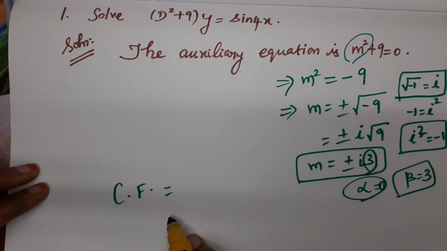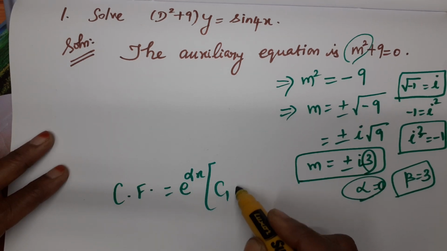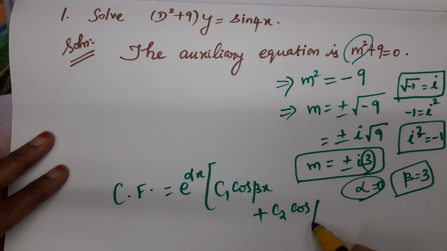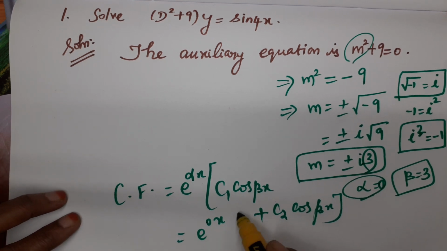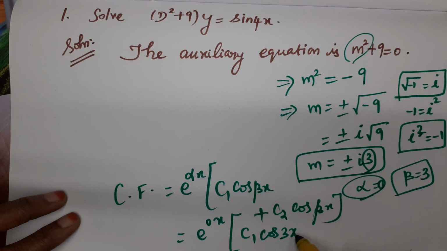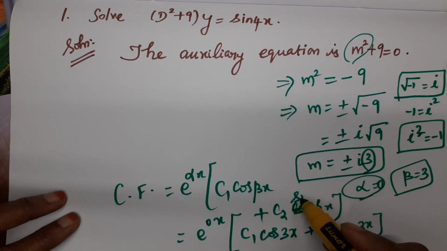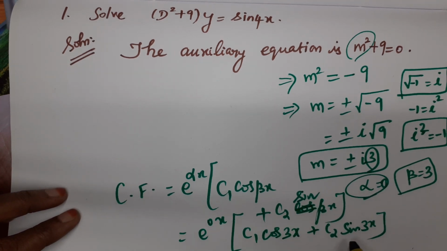So what is the complementary function? Complementary function is e power alpha x into c1 cos beta x plus c2 sin beta x. I'm sorry, I said cos twice, the second one is sin. So e power 0x into c1 cos 3x plus c2 sin 3x.